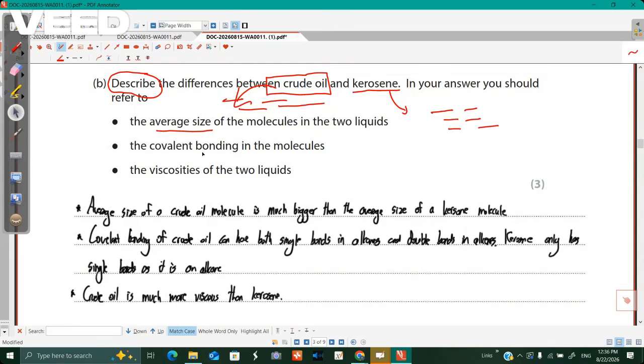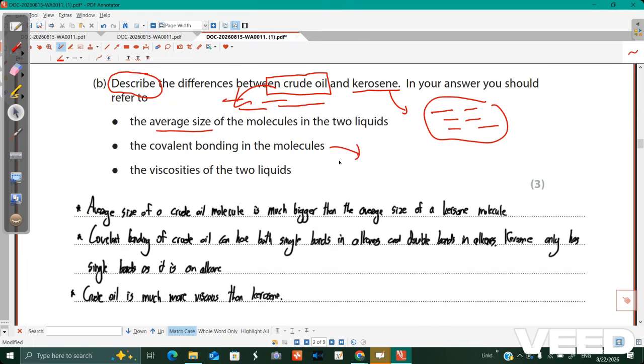So the only way to answer is: kerosene has fewer covalent bonds in each molecule. In crude oil, since they have larger molecules, you can assume it has compounds containing a larger number of covalent bonds.